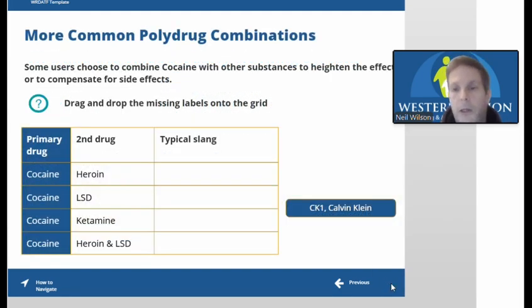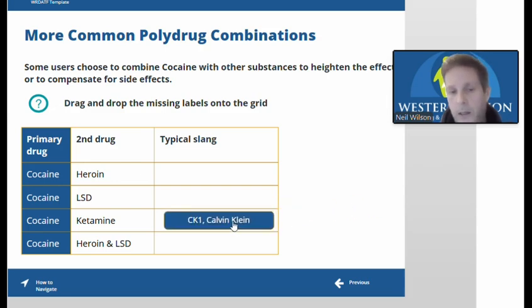Here we can look at some of the common polydrug combinations that take place. This tends to be more of a specialist kind of market, and people may combine them themselves, or they may be combined by drug dealers and sold on as a product. So here we've got the combination of cocaine and ketamine.